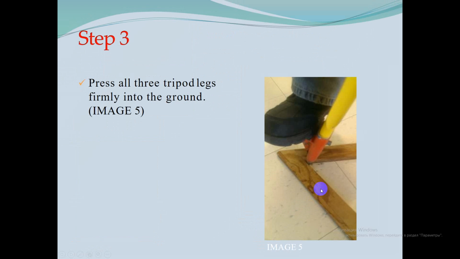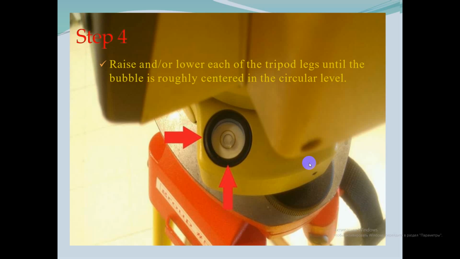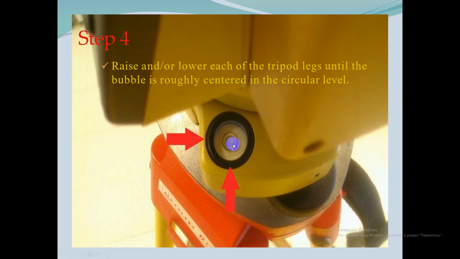Press all 3 tripod legs firmly into the ground. Very important, raise and or lower each of the tripod legs until the bubble is roughly centered in the circular level.